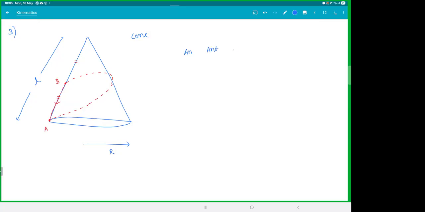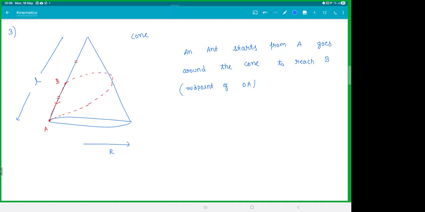An ant starts from A, goes around the cone. Wait, I have to tell you something more. Goes around the cone to reach B, which is a midpoint of OA.